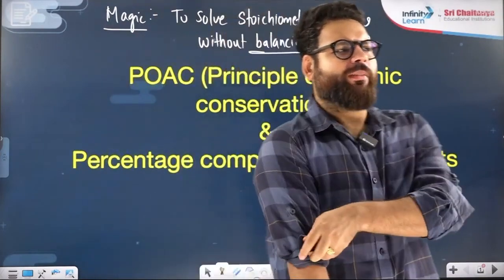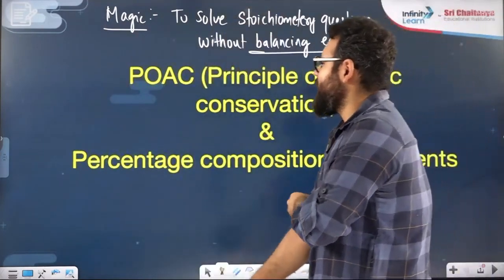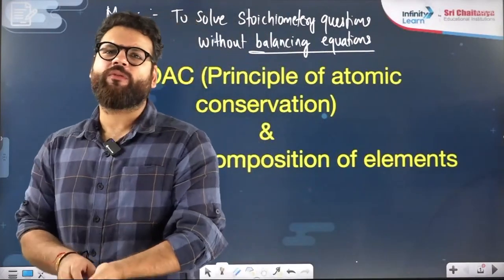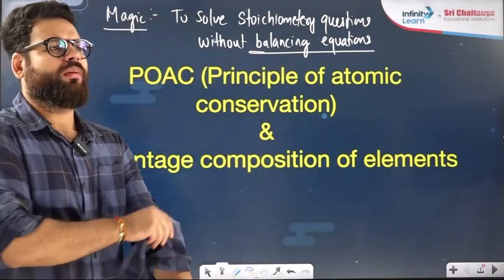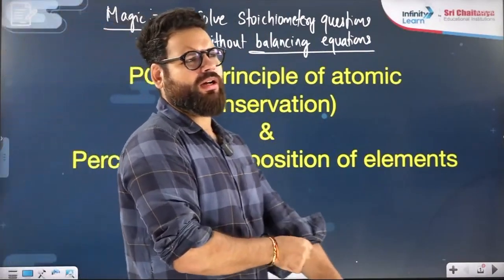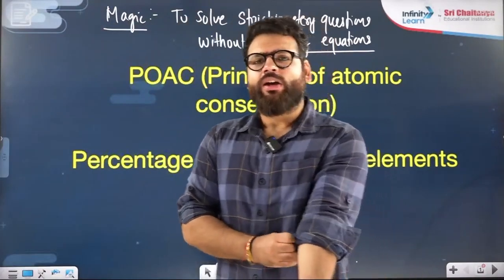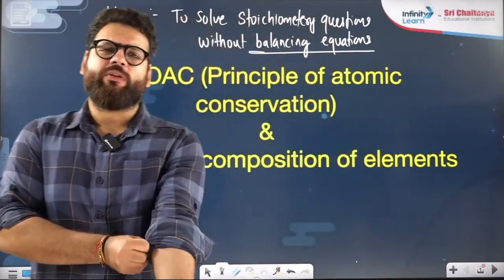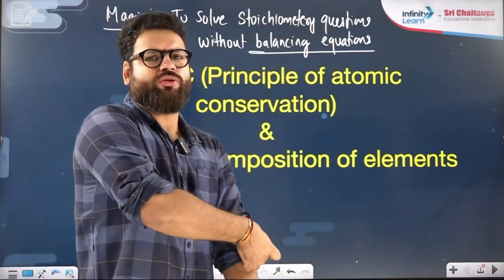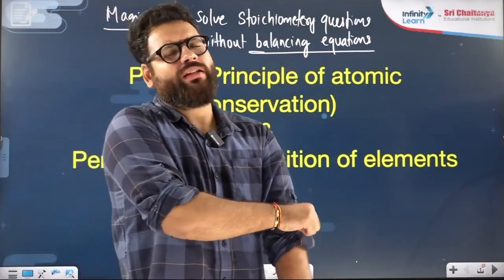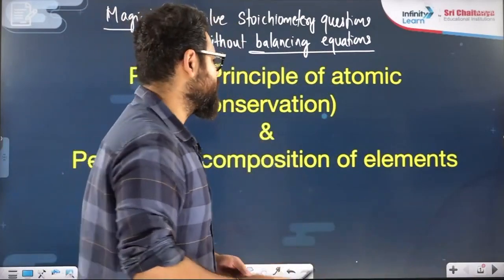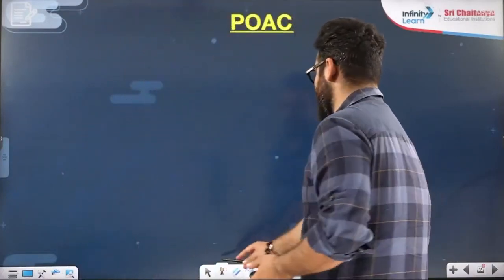Now we are going to study the magic. Magic is called POAC, Principle of Atomic Conservation. So, in case any question comes from the mole concept, from the stoichiometry, there is another way of solving, which is principle of atomic conservation. How do we apply it and what is it?